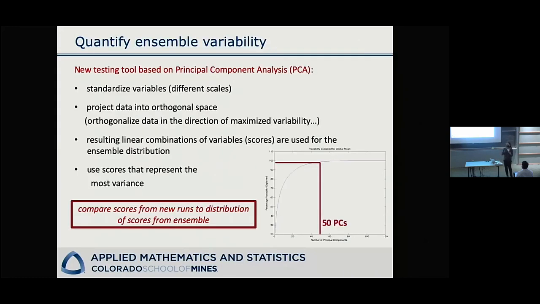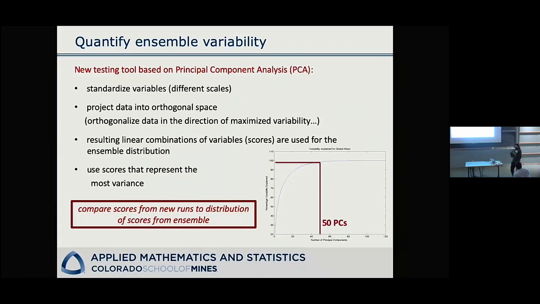I think we've already discussed principal components yesterday in some of the talks with all these different terms. You're used to calling it empirical orthogonal functions or something like that. So this is all the same term here. The idea is we obviously need to standardize all the variables, and then we derive these principal components. That means we project into these orthogonal subspaces that maximize the variance. I think we're all somewhat familiar with this.